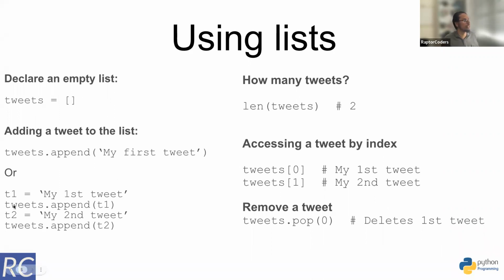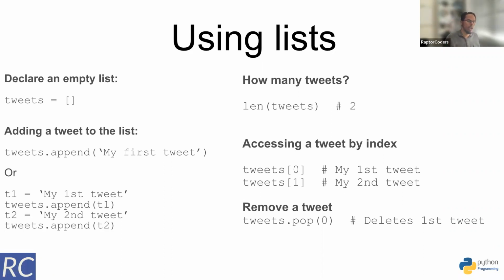Then we have another tweet, t2 equals my second tweet. And in order to add t2 to the tweets, we say tweets.append(t2). Done. So now how many items do we have in the tweets list? There will be 2 items. How do we know how many items we have?